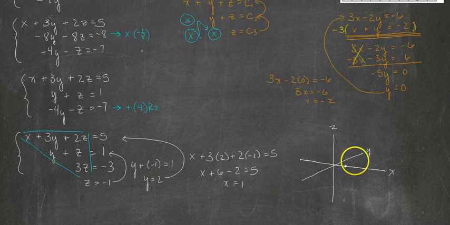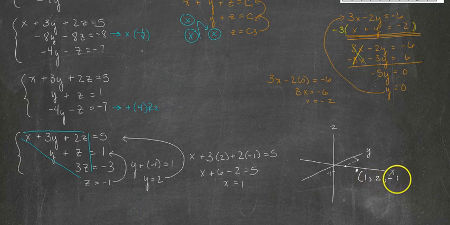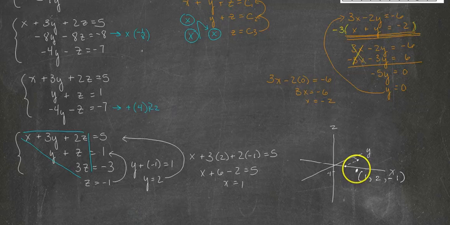Y equals 2, so in the Cartesian plane you would end up with a point here where y is 2 and x is 1. And then in the z direction, negative 1, it's going to drop down to negative 1 on the z-axis. And so you get this floating out in space, the point 1, 2, negative 1. Whew! Okay, that looks pretty good, I guess. Kind of easy enough to see in three dimensions.